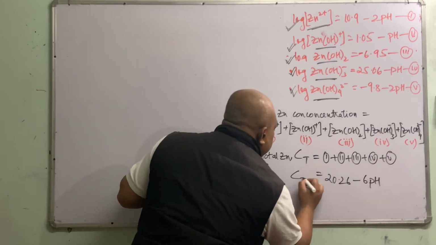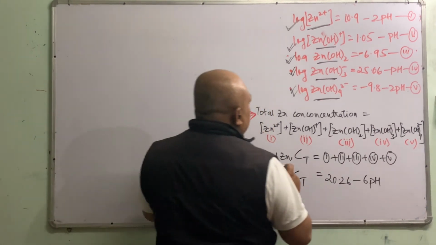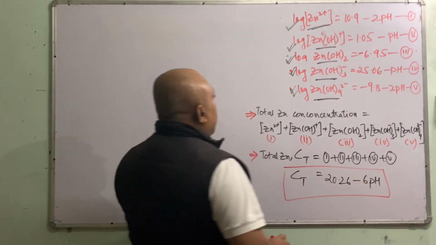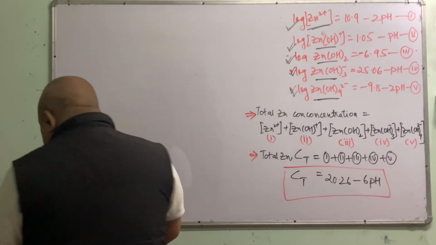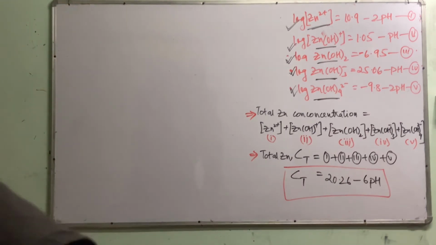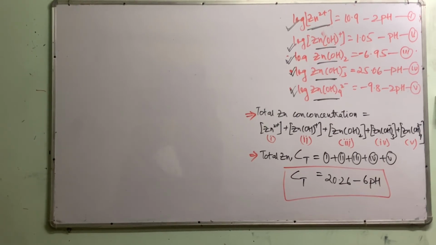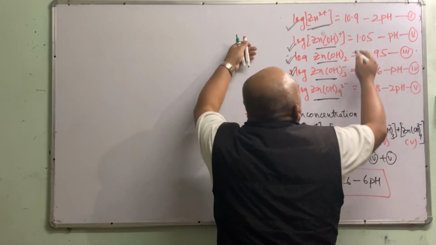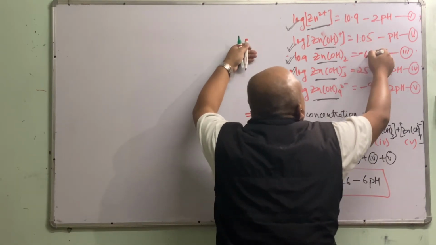So CT, you have a look. Students, this value, I'm having a doubt because this is plus, decreasing, minus.